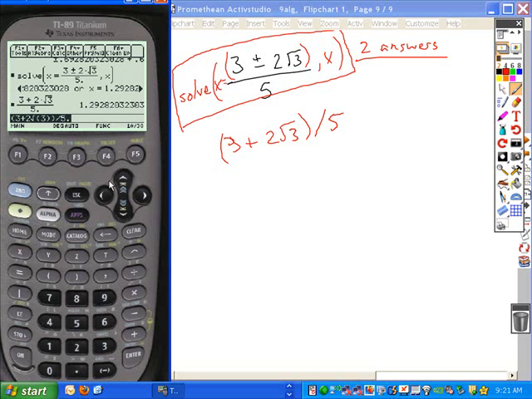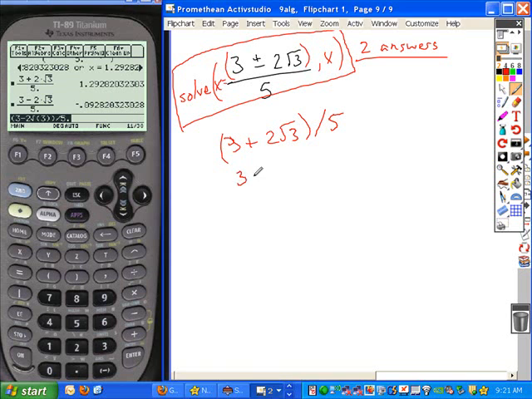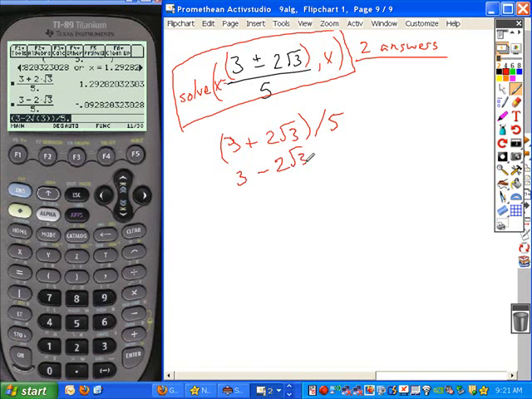And then to find the second one, there's no extra typing really, because all you need to do is use the backspace, change that plus to a minus, hit enter, and it gives you the second one. Okay, so then just re-enter it, and all you have to do is change to a minus, and you'll get your two answers.